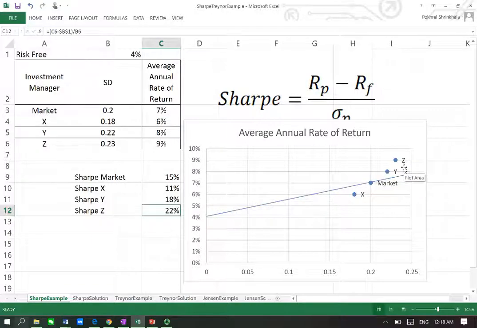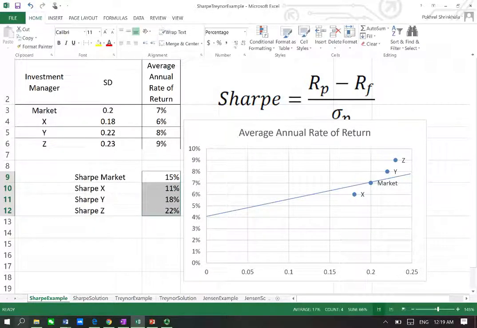So in terms of comparison or evaluation, portfolio X, which has a Sharpe of 11% or 0.11, has the lowest risk premium return per unit of total risk, failing to perform as well as compared to the market portfolio.